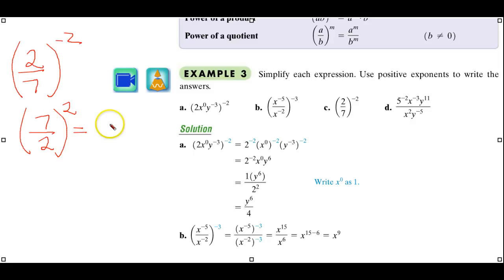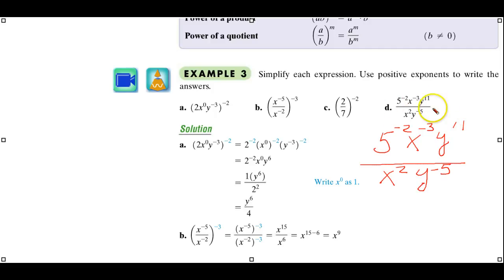So 7 squared is 49. 2 squared is 4. That's another way to do it. Now you could have done it this way. This would be 2 to the negative 2, 7 to the negative 2, move them around. But the easier way is if you have a fraction to a negative exponent, just flip them. Your exponent is positive then, and you expand.